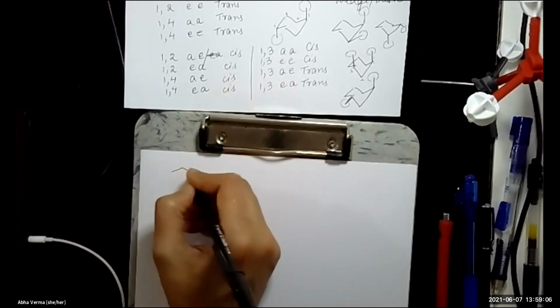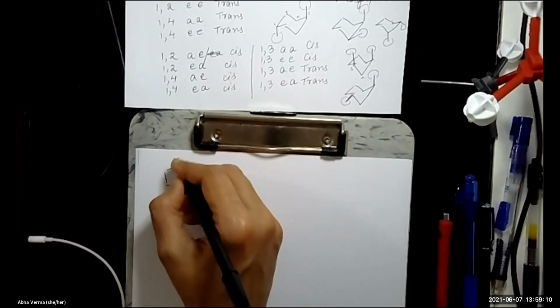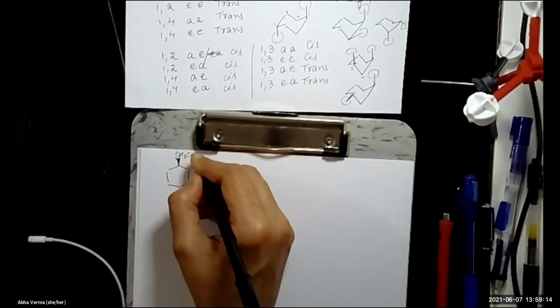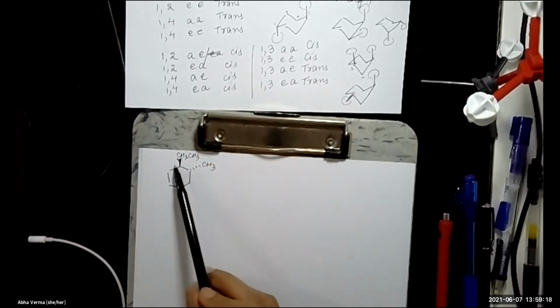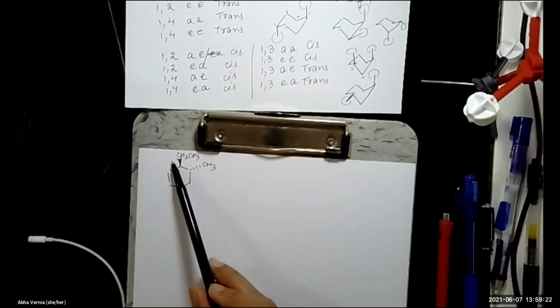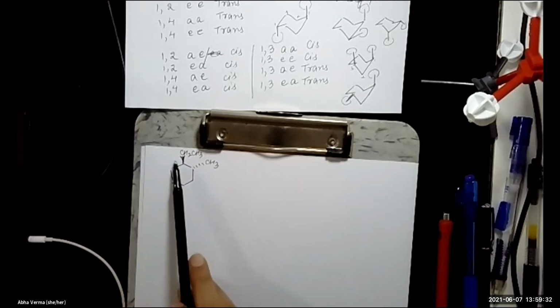So I'm going to draw a few structures here. Looking at this structure, CH2, CH3, CH3. What is the relationship between these two groups? I'm not asking you the name, just the relationship. Remember, whenever you have an alkene or a ring, you have to give the cis-trans or geometrical isomer nomenclature to them.